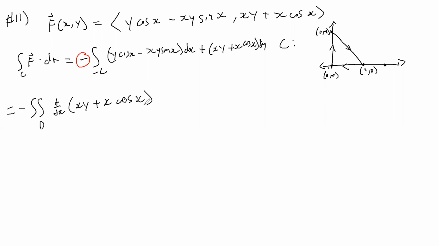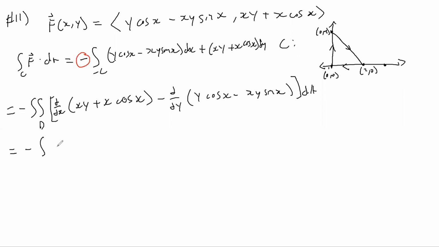Now that's going to be subtracted by the partial derivative with respect to y of y cosine x minus xy sine of x. Okay. All right, and this is all with respect to dA. All right, so let's see what we have.